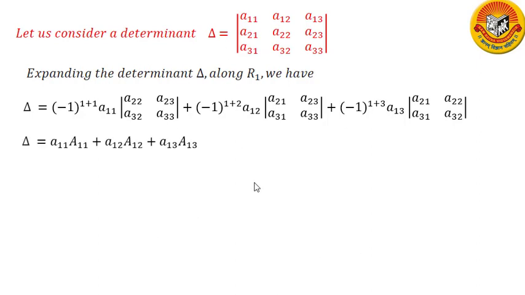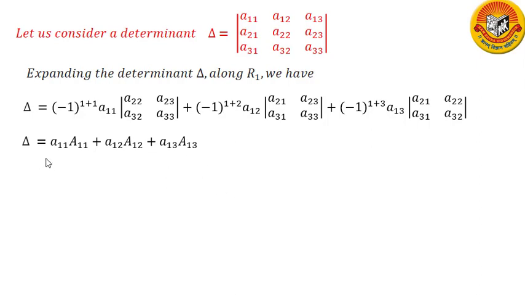Now if you see, this minus 1 power 1 plus 1 into this particular determinant is nothing but the cofactor of element A11. Similarly here, minus 1 power 1 plus 2 into this determinant is the cofactor of A12, and similarly in the third term. So I can write this delta as A11 into capital A11 plus A12 into capital A12 plus A13 into capital A13.